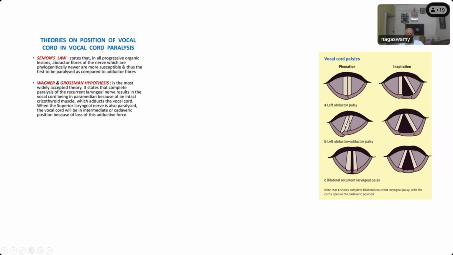You can see the overpulling is there. Again, during inspiration, it is able to compensate. Now, bilateral recurrent laryngeal nerve palsy, where there is a total damage. You can see there is always an opening in the midline, unlike here where they are all totally closed. There is an opening, so the patient can still breathe through that.